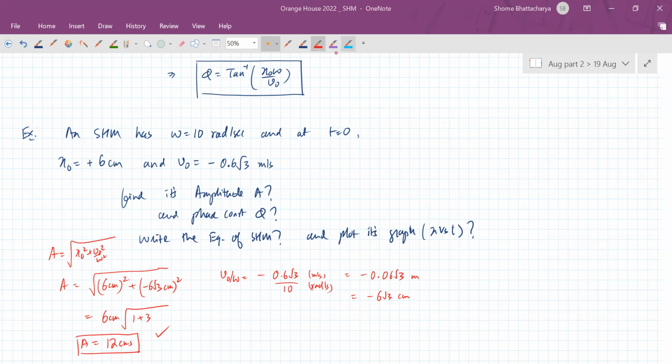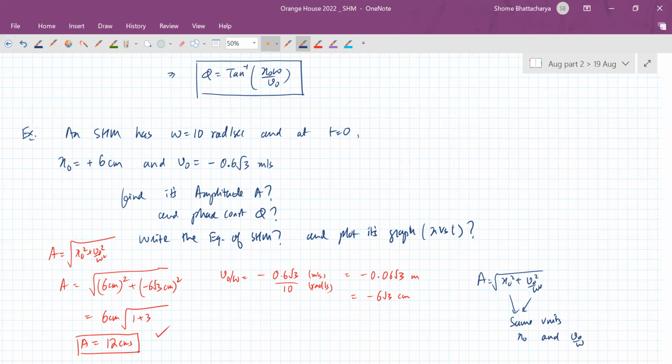Just take care of the units. I think all of you are making the mistake with the units. When we substitute in this formula, A is equal to square root of x naught square plus v naught square by omega square, these must be in the same units. x naught must be the same unit as v naught by omega.